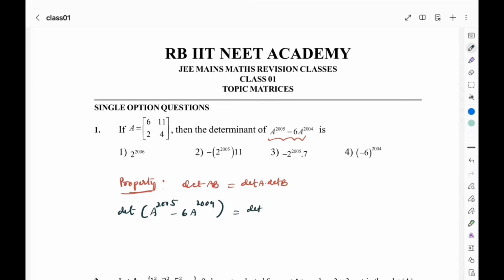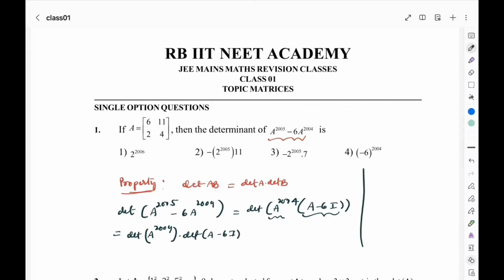By taking A power 2004 common, you can write it as A minus 6I. It is one matrix, this is the other matrix. You can write it as det of A power 2004 into det of A minus 6I.